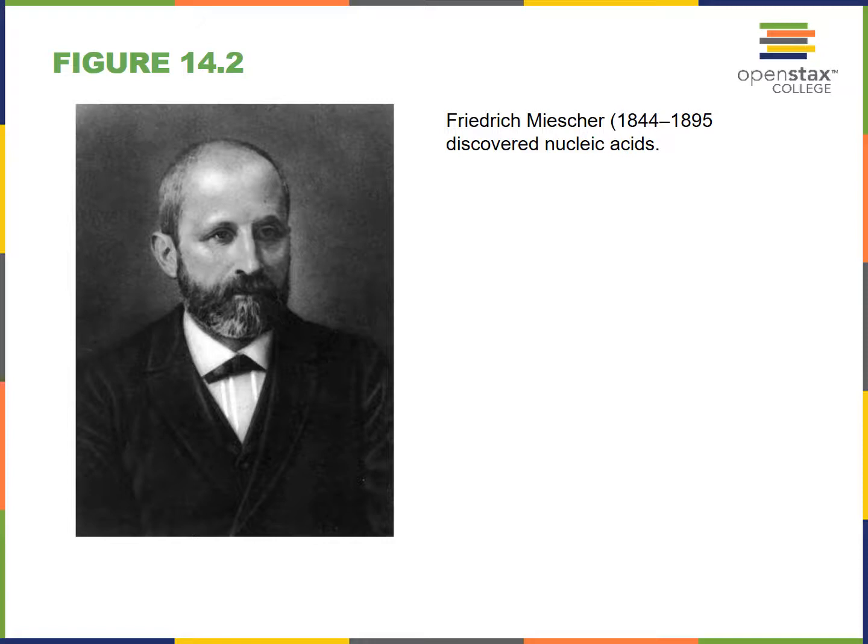Fred Meichner was the first guy that isolated nuclei from white blood cells. He named the mixture that he got out nuclein. And he learned that it was really high in phosphate.